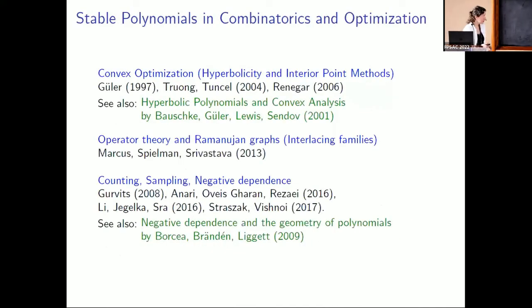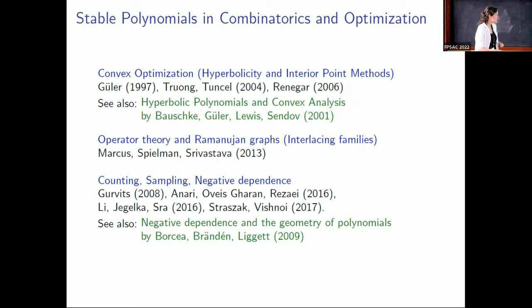Stable polynomials show up in lots of interesting ways in combinatorics and optimization. You can check that they also have this continuous log-concavity property. And this has been used in what's called hyperbolic programming and convex optimization. They were integral in the proof of the Kadison-Singer conjecture in operator theory by Marcus, Spielman, and Srivastava.